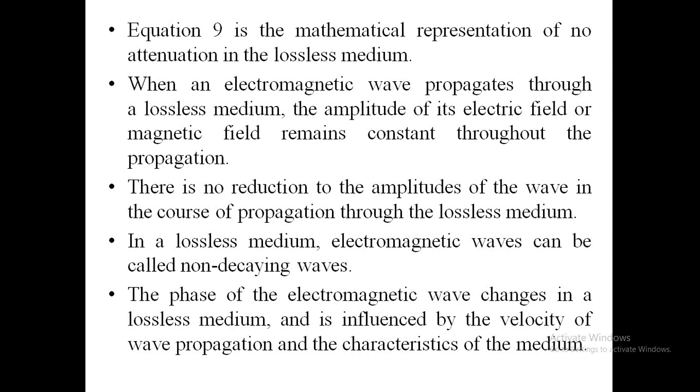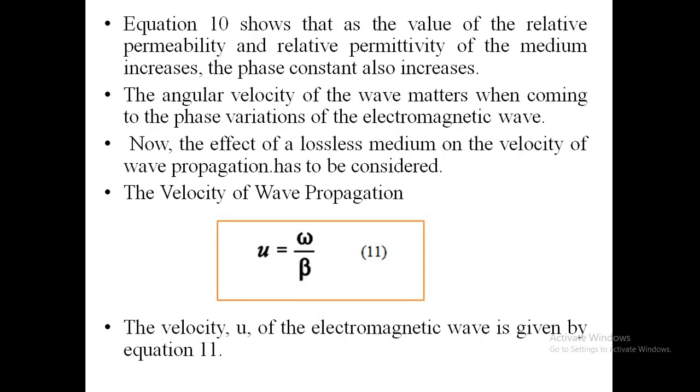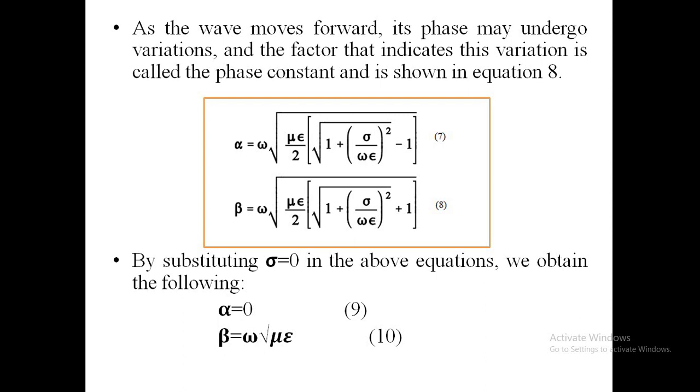The phase of the electromagnetic wave changes in the lossless medium and it is influenced by the velocity of the propagating wave, and also it depends on the characteristics of the medium through which the wave is propagated. So equation 10 is represented, which gives the relation between the phase constant and the velocity as well as the permeability and permittivity of the medium.